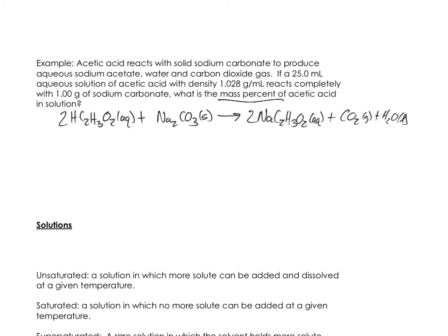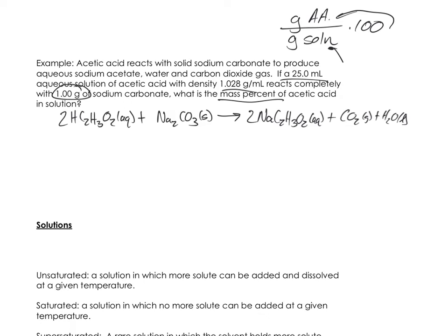Mass percent is going to be grams AA, acetic acid, over grams of solution, times 100. So the first thing I'm going to need is my grams of solution. Then I'm going to need to determine my grams of acetic acid. And the grams of solution I can do with these two guys here. Grams of acetic acid I can tell by how much of it reacted.